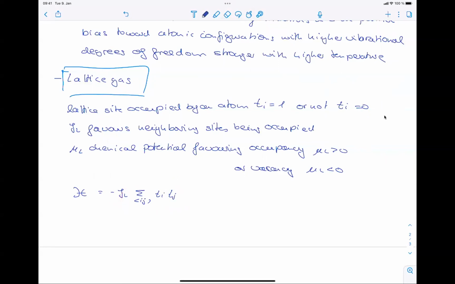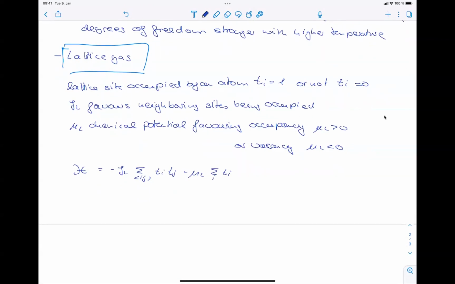And then we take care of the chemical potential as well, which is only acting on the individual lattice site. And so now we can map it to the Ising model by making the following transformation of saying Ti is (1 minus Si) over 2, such that now my Si are again either +1 or -1.